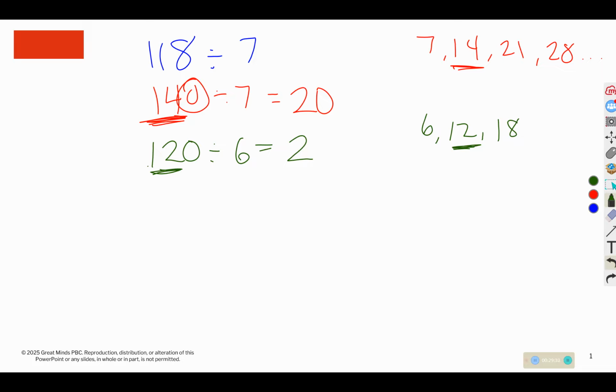And so 120 divided by 6 is 20. When dividing, it's very helpful to find pieces that round that can be easily divisible using those mental math strategies.